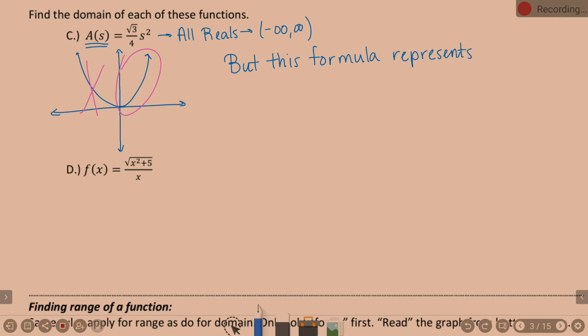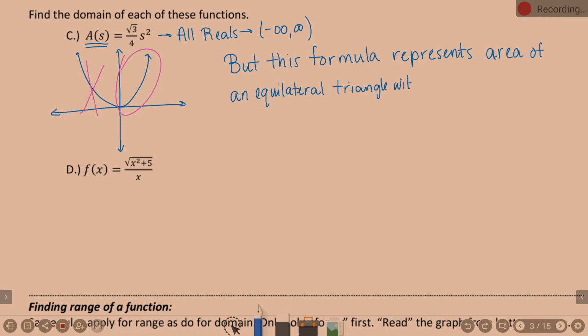This formula represents area of... So if a question comes up, you have a question? What?